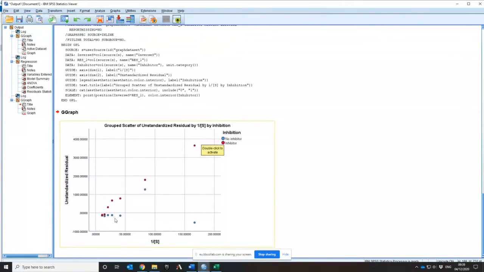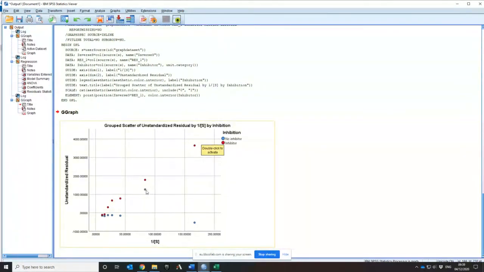Now the residuals for the no inhibitor, they should be scattered roughly around 0, with the same amount below 0 as above 0. So you've got one below 0. Most of these are below 0. You've got one which is very strongly above 0 that's counteracting that one. So this is our outlier.